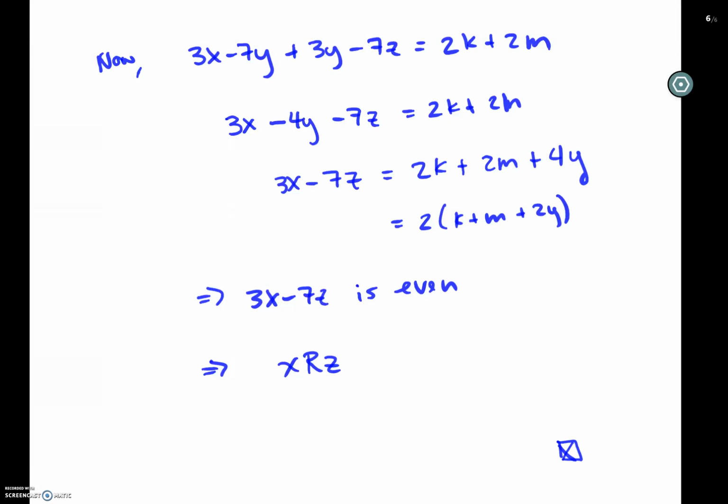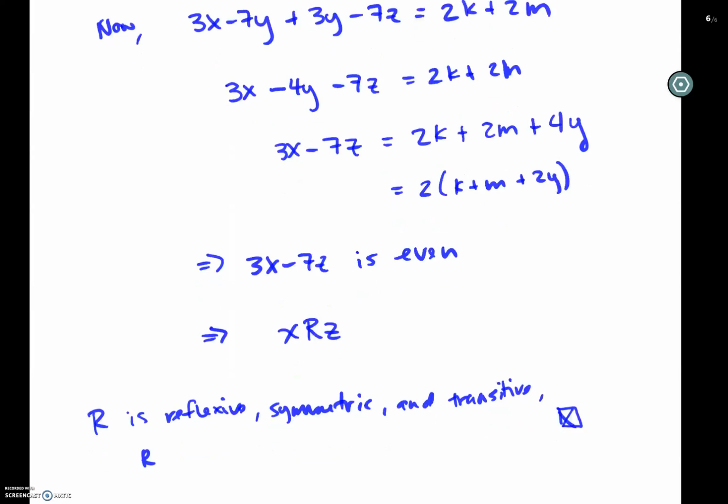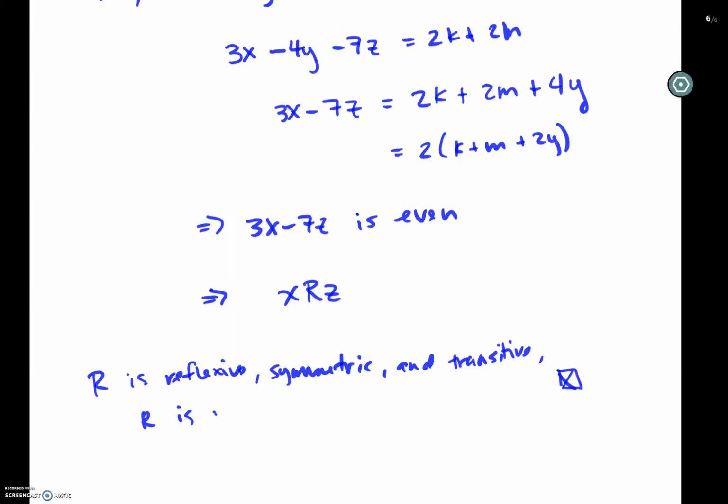So, because we've shown that R is reflexive, symmetric, and transitive, R is an equivalence relation.